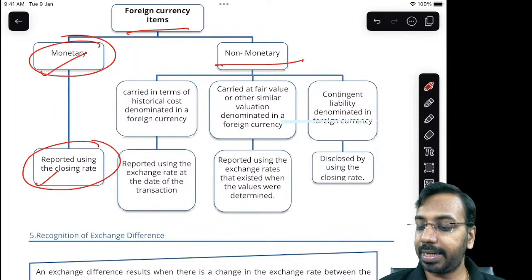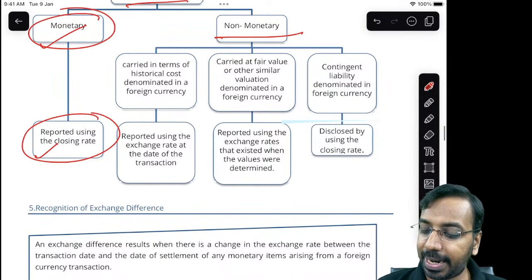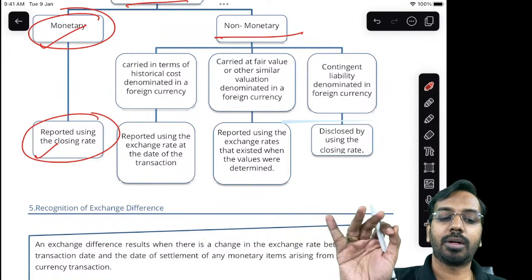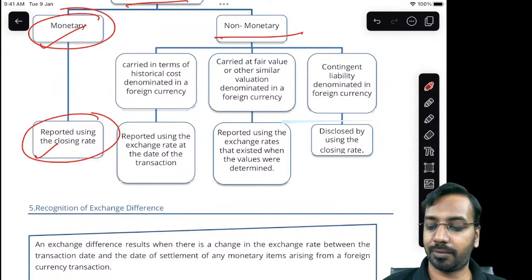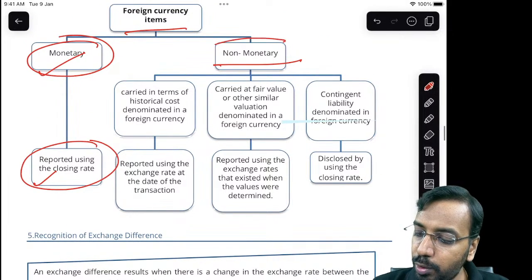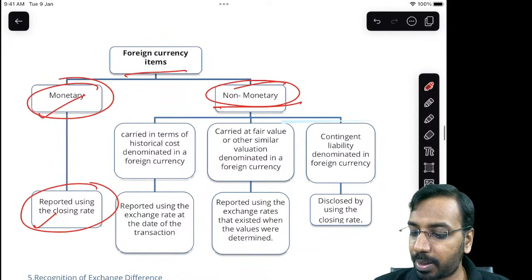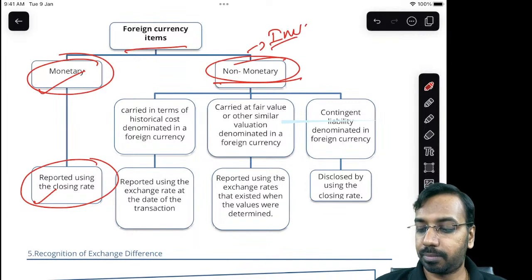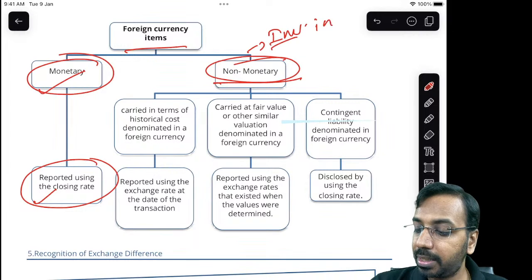What about non-monetary items? Non-monetary items are stated using the rate on the date of transaction or the historical rate itself. Now sir, why do we have to report a non-monetary item? Sometimes you may have made an investment in shares, which is in dollar terms.